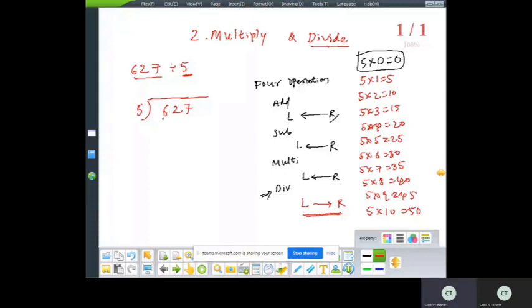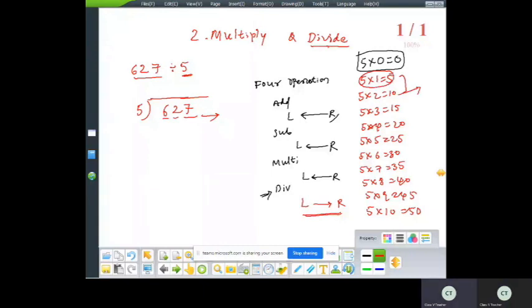The division process starts from left to right. The first number is 6. In the 5 table, where is 6? The 6 is between 5 and 10. We take the multiple of 5 equal to 6 or less than 6. It should not be more than 6. 5 ones are 5, 5 twos are 10. 10 is more than 6. We take 5 ones are 5.